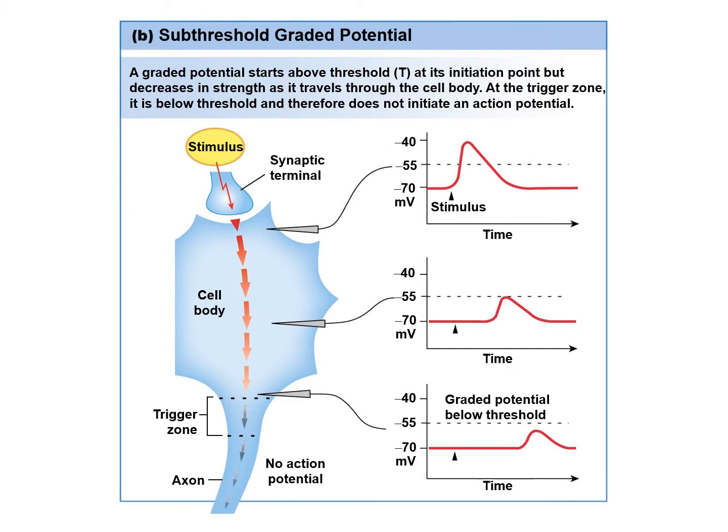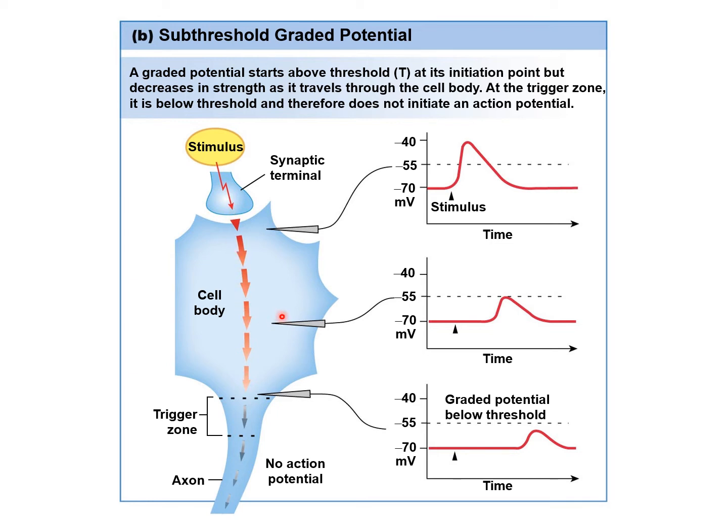And this is just sort of illustrating some of those points that I've made in the previous slides. If we have three measurement points, all measuring at the same time, we get our stimulus here, and you can see that it's quite strong. It gets us to -40, well above threshold, but remember, we're measuring here. This isn't the axon hillock. That signal has to travel either along the cell membrane or through the cell, whatever way.